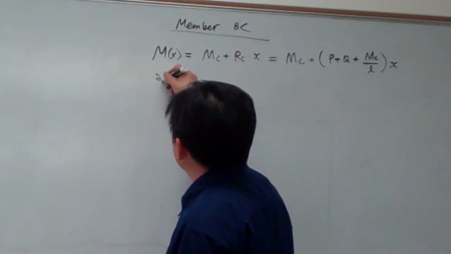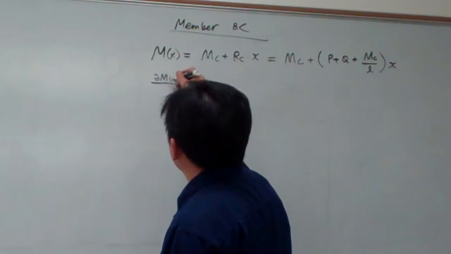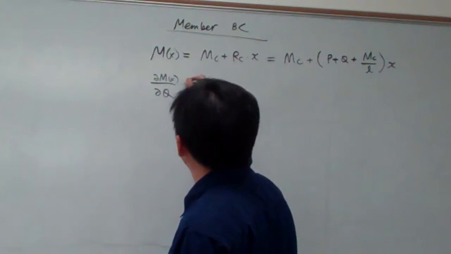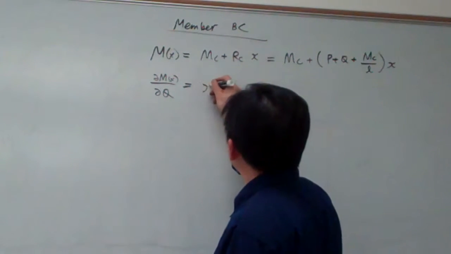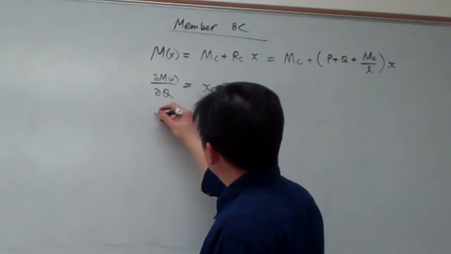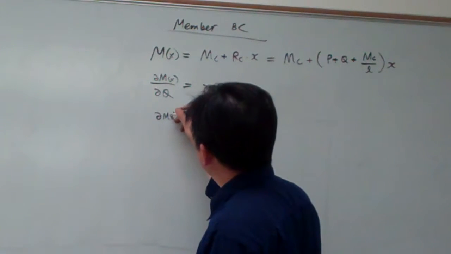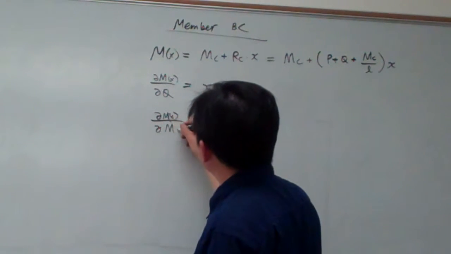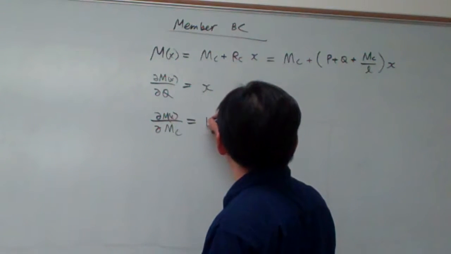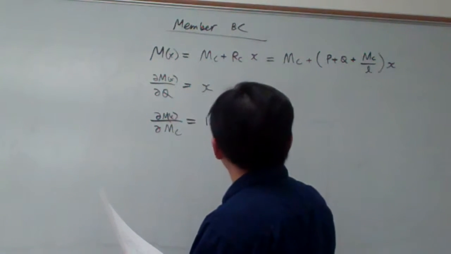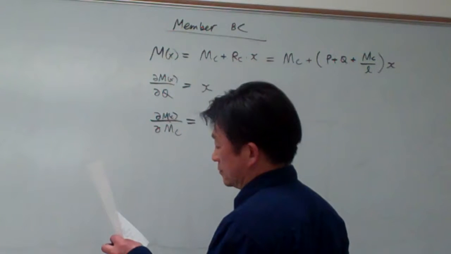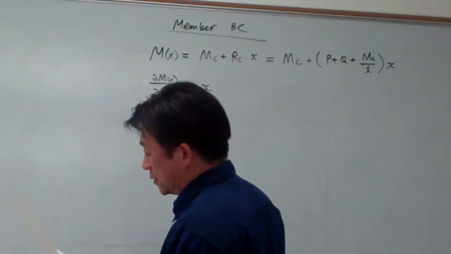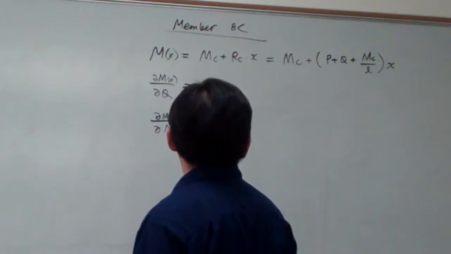And then here we do the calculation. Partial M over partial Q will be equal to x, and partial M over partial MC will be equal to 1 plus x over L. Shouldn't it just be plus x over L?